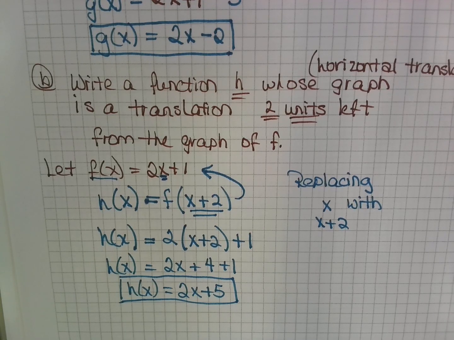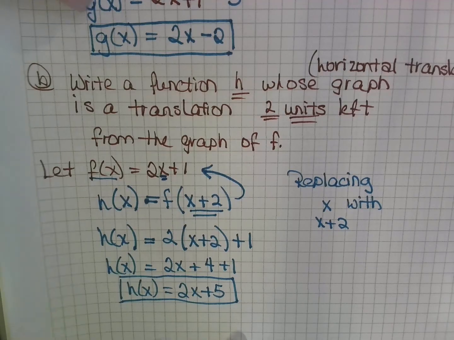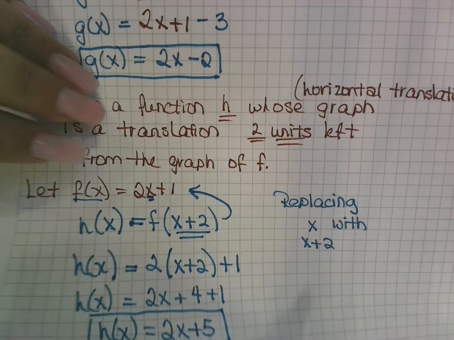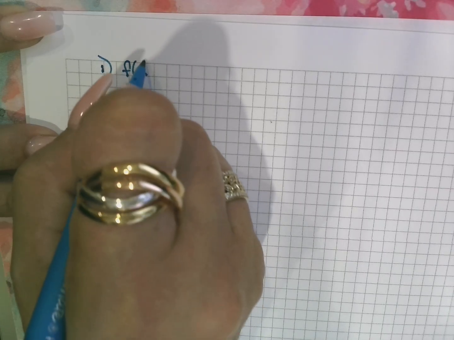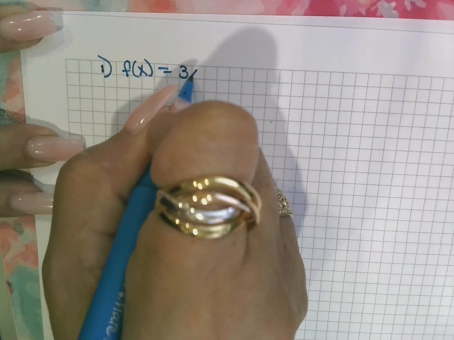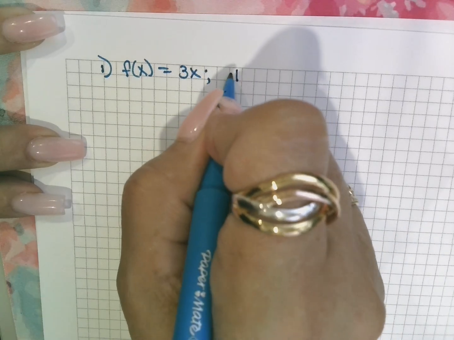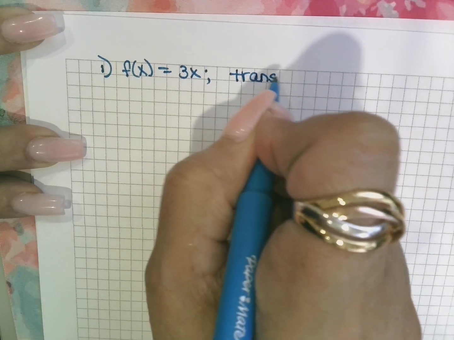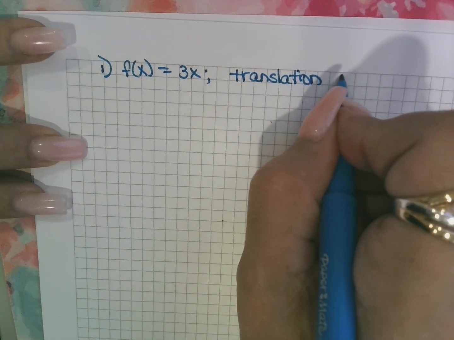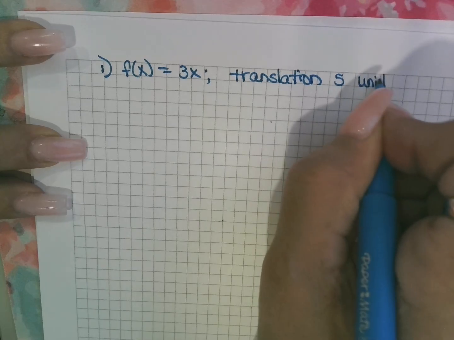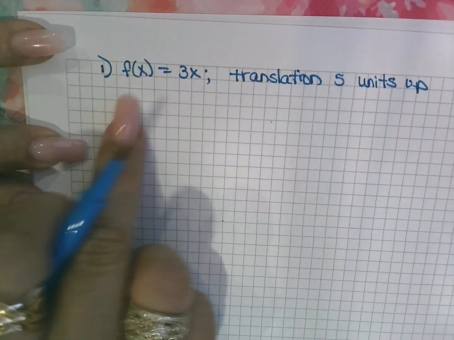All right. Let's take a look at some of these and see if you can figure these out. Do a little practice here. So now for number 1, we have f of x equals 3x, and I want you to write a function that is a translation 5 units up of this guy.